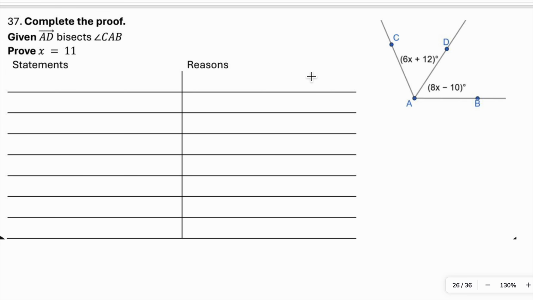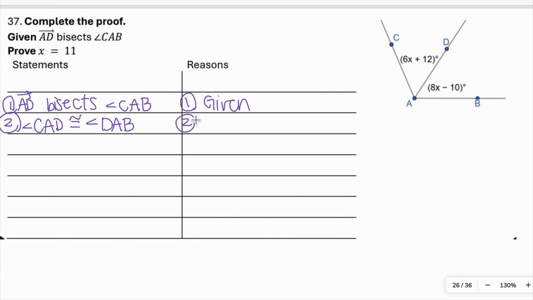For number 37, completing the proof. So let's go ahead and write down our givens. AD bisects angle CAB. So that is our given. And then what I might go ahead and do now is do my definition of angle bisector. So my angle CAD is congruent to angle DAB. So definition of angle bisector.